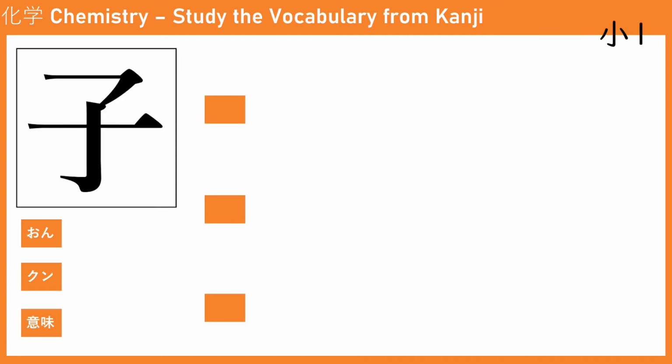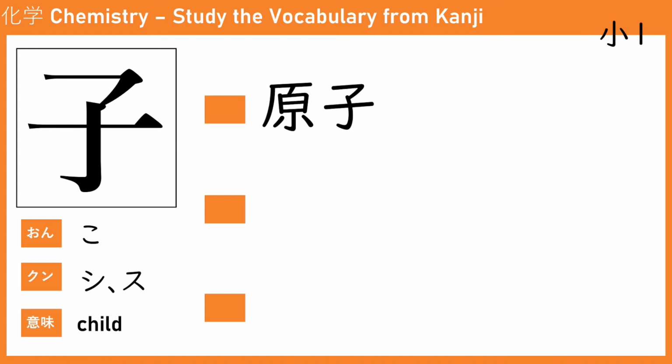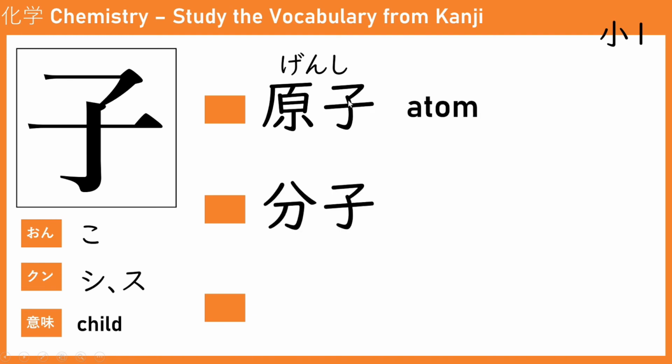The next kanji is shi or su, and the onyomi is ko, which means child, children, small. So you got genshi here, which means the origin of small things, which means atom. The next one is bunshi. Bun means separate.